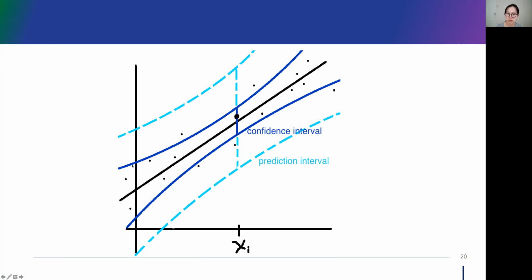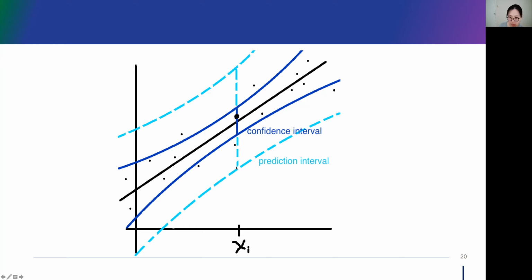So this is just to intuitively show you in this picture that prediction intervals are normally wider than confidence intervals. So these dark blue lines are for the confidence interval along the regression line, and the prediction interval for single given new x values.